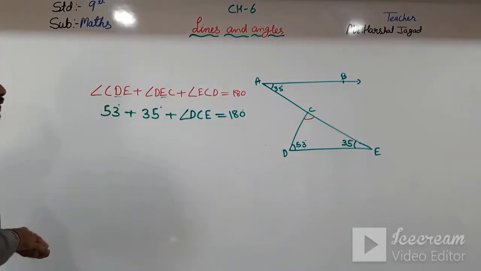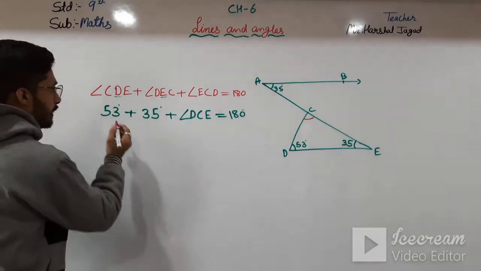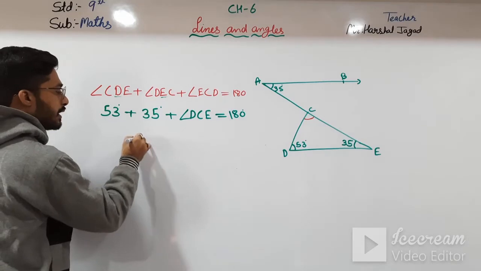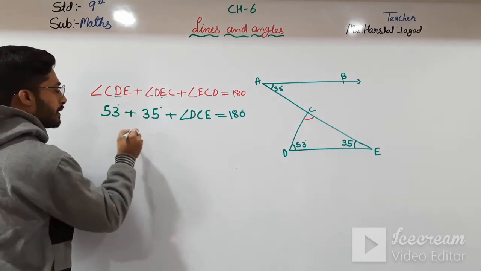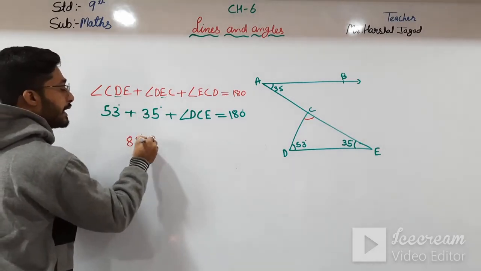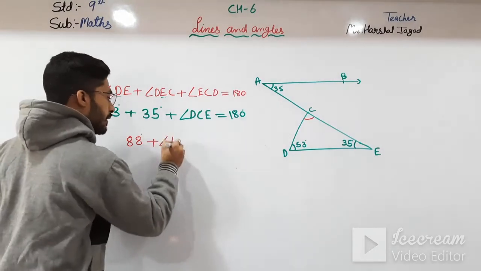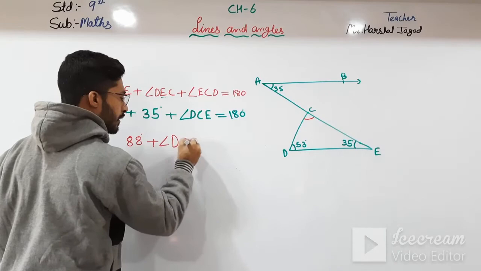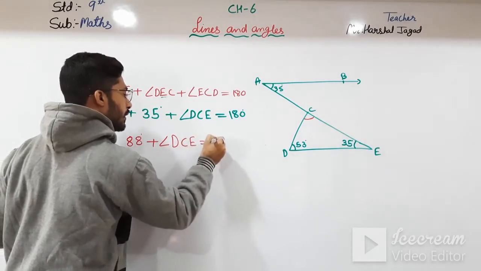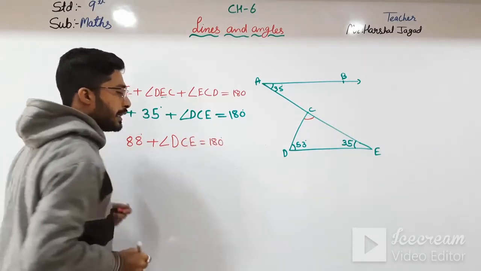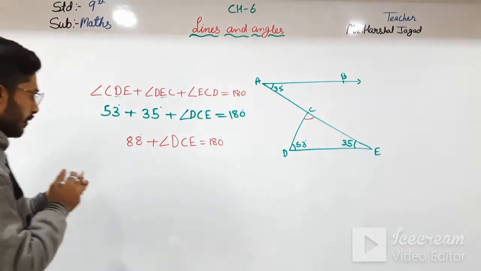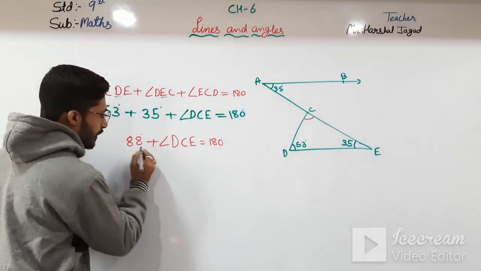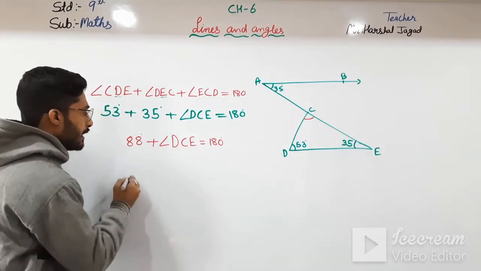Now moving forward, if we add these two, 53 plus 35 is 88 degrees, plus angle DCE is equal to 180 degrees. Now we take this 88 to the other side, where it becomes minus.